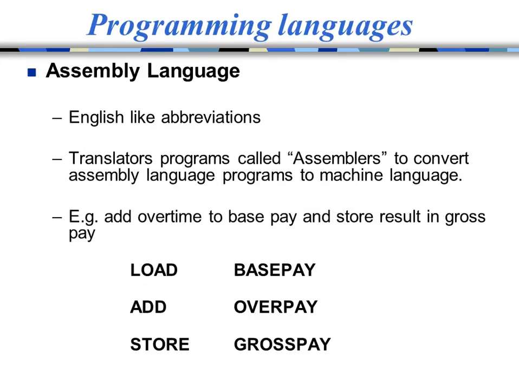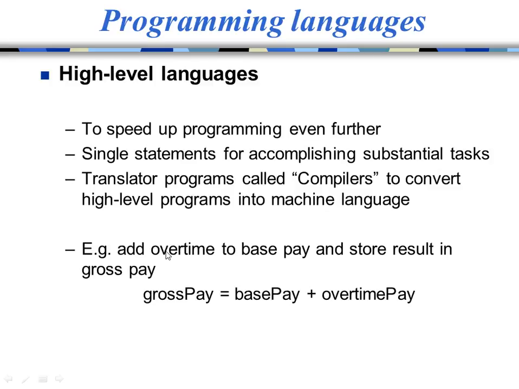Programming in assembly language is one step higher than machine language, and English-like abbreviations are used, like load, add, store, etc. High-level languages are understood by humans, but not by the computer, because the compiler converts the high level into machine language.